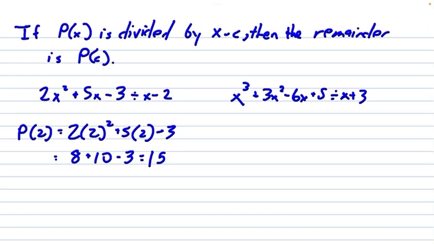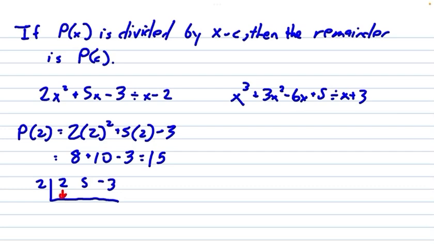Okay, so now if we wanted to check this, we could just use synthetic division. That would be the quickest way. So we would come down and say 2. And of course we list the coefficients, 2, 5, and negative 3. These are the coefficients from our polynomial.